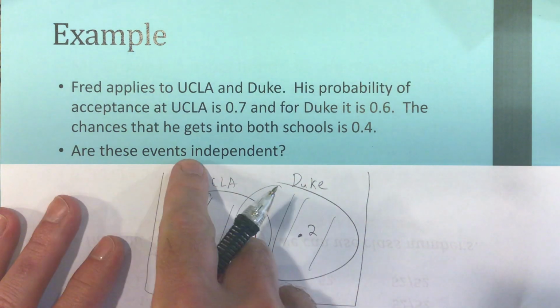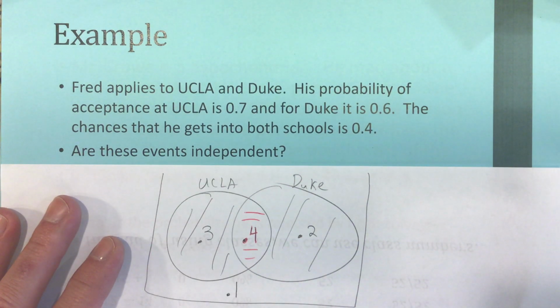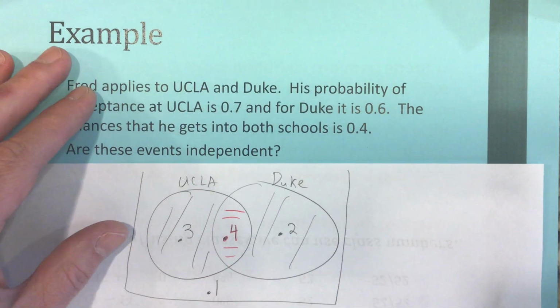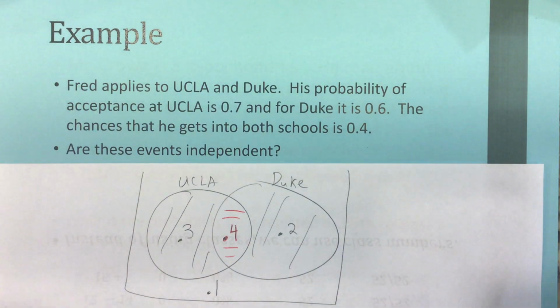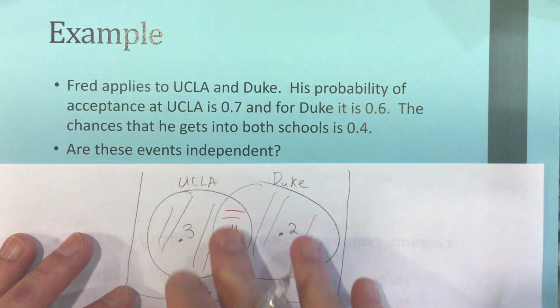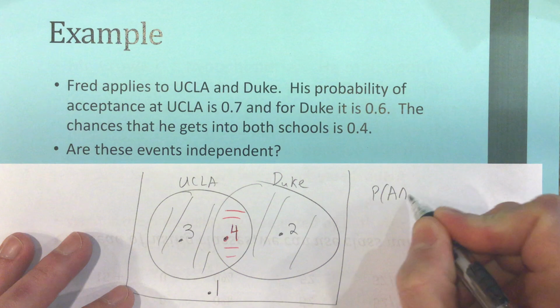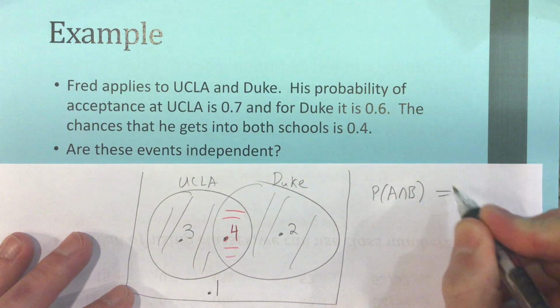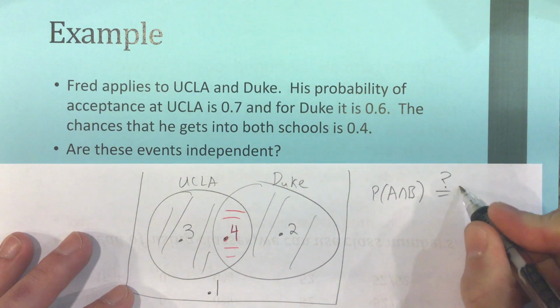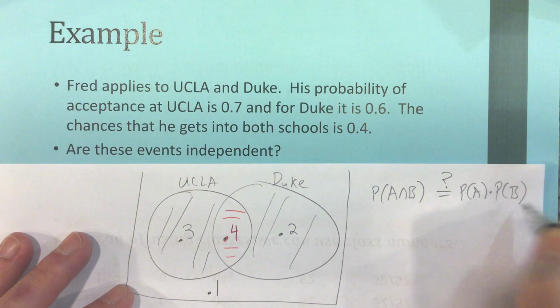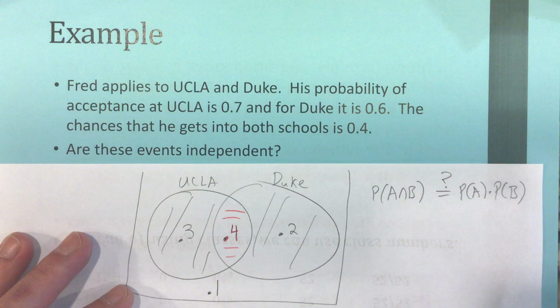So, question A, are these events independent? I'm going to test it all 3 ways so you can see how any of the 3 ways would work. I'll start with the simplest test, the one I didn't even need a Venn diagram to do. If the probability of A intersect B is equal to the probability of A times the probability of B, these will be independent. Well, they gave me A intersect B, it's 0.4.